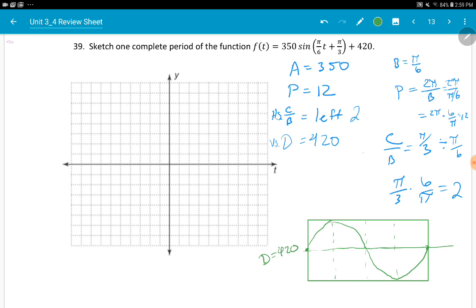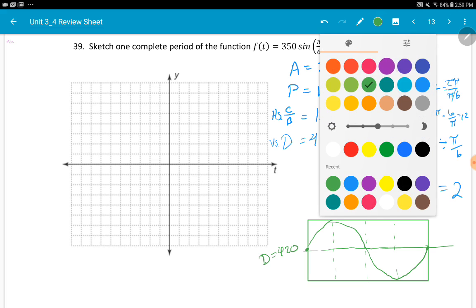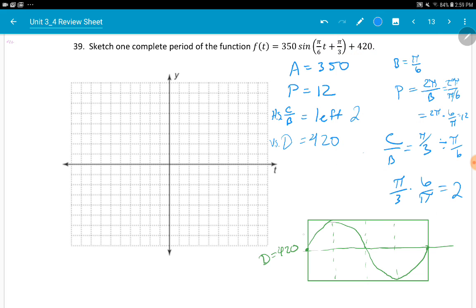And then to find our minimum and maximum, I use A, because this distance is A, and this distance is A. So A is 350, so our maximum is going to be 420 plus 350, or 770. And our minimum will be 420 minus 350.